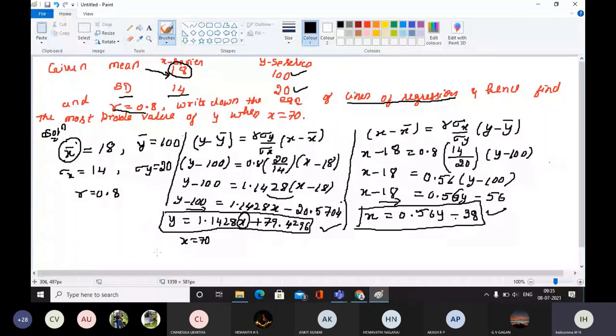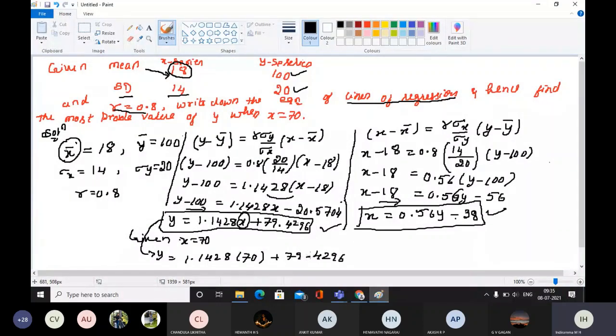So y is equal to 1.1428 into 70 plus 79.4296.